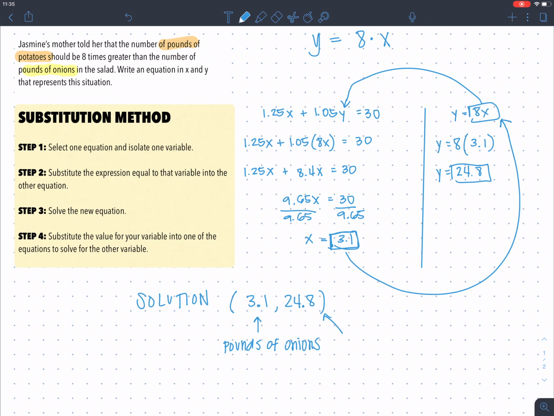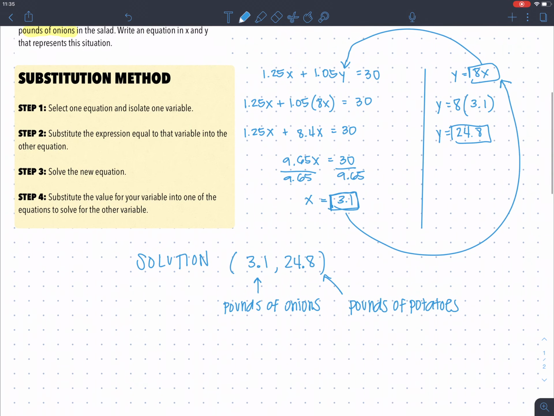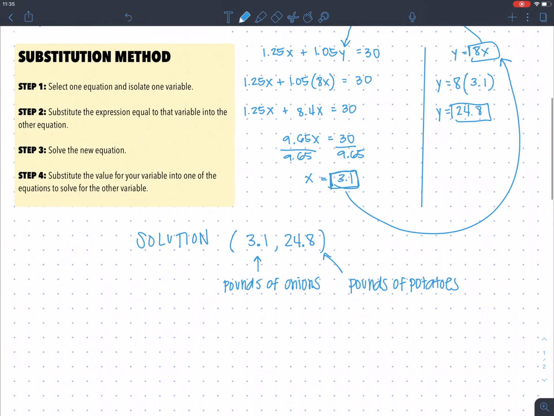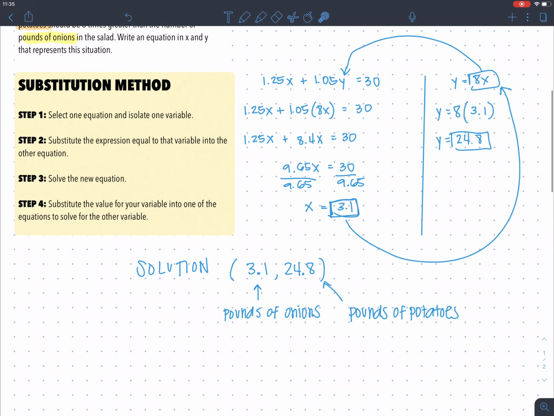And my y value was the pounds of potatoes. All right, and if I were to graph it, this would be the coordinate where both of these equations, their lines, would intersect. All right, that's this video.